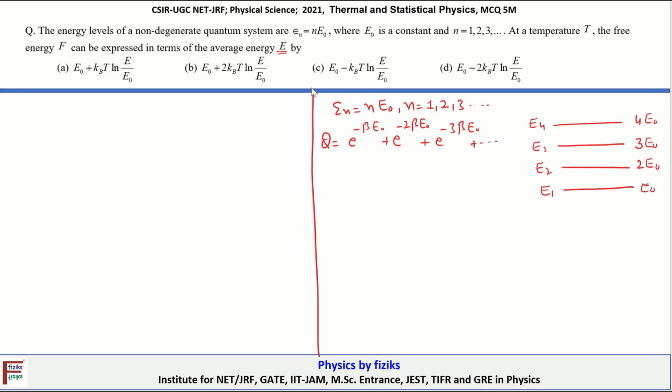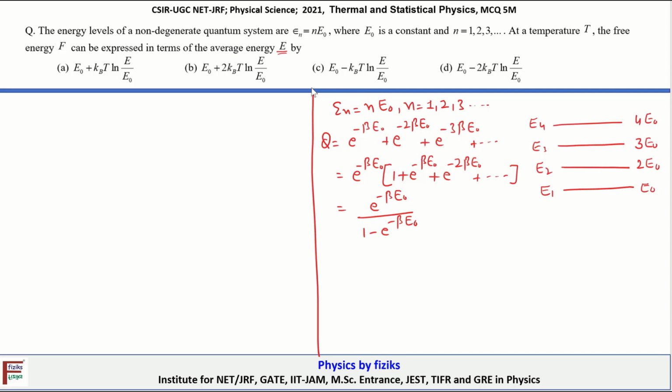Now we can take the common factor outside: exponential minus beta E0 times 1 plus exponential minus beta E0 plus exponential minus 2 beta E0 and so on, and that is equal to exponential minus beta E0 upon 1 minus exponential minus beta E0, that's a upon 1 minus r.